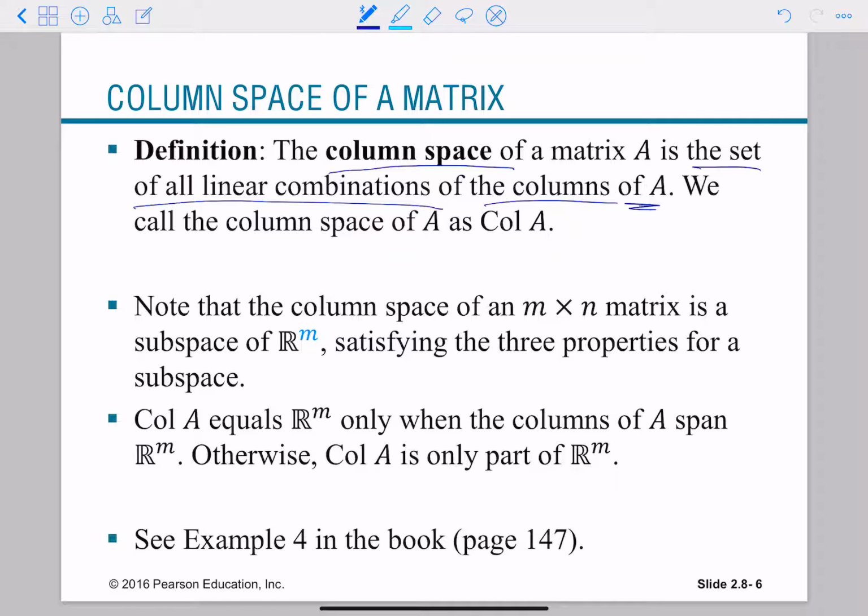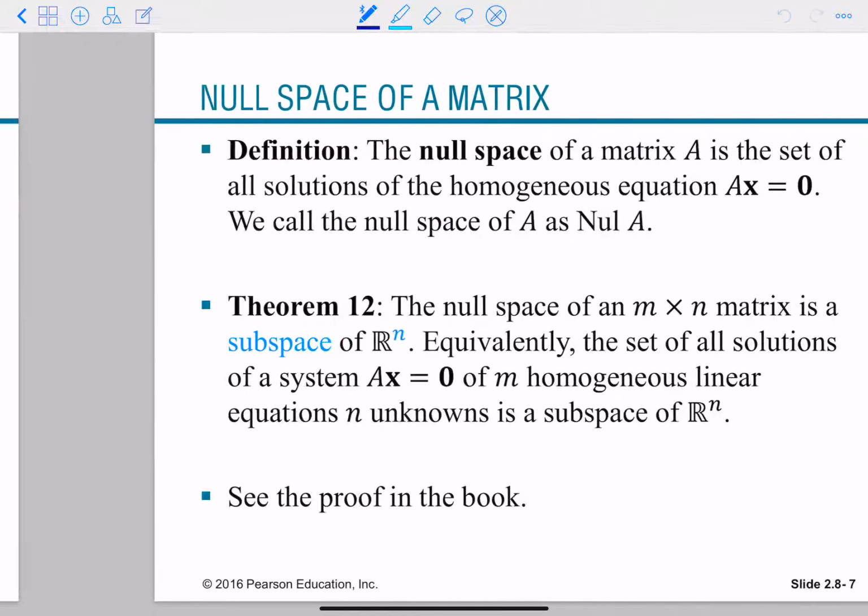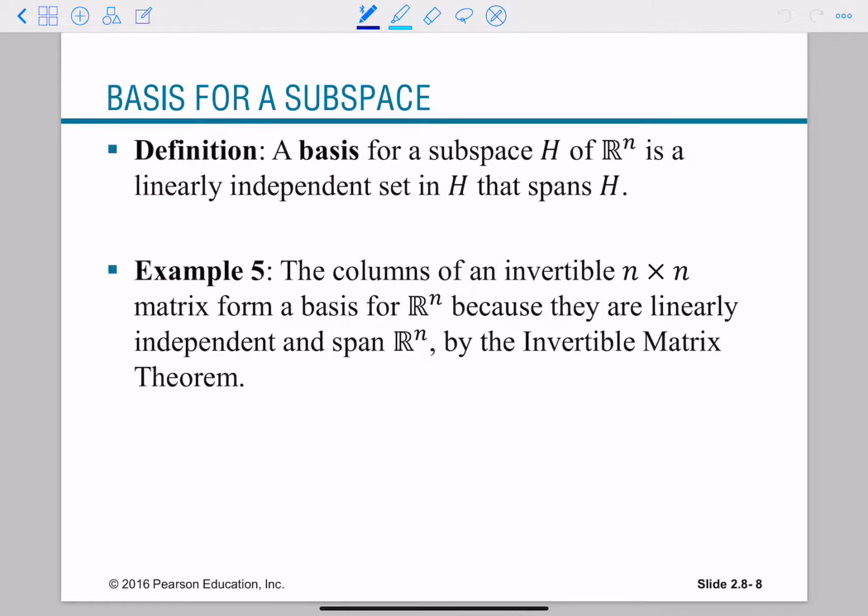And this column space is denoted as col A, and this column space is actually a subspace that is closed under the linear combinations. Okay? Right, so let me give an example.